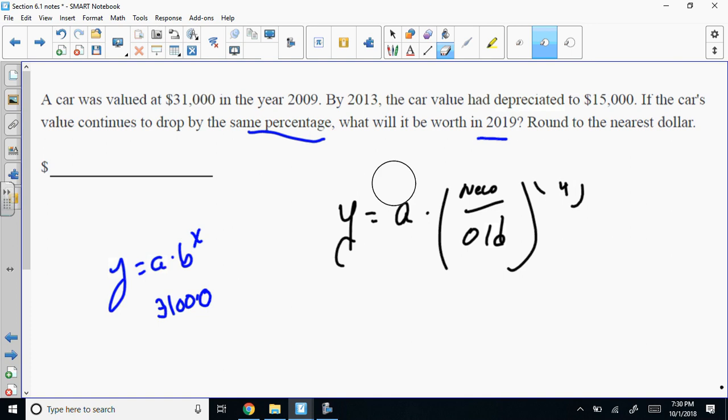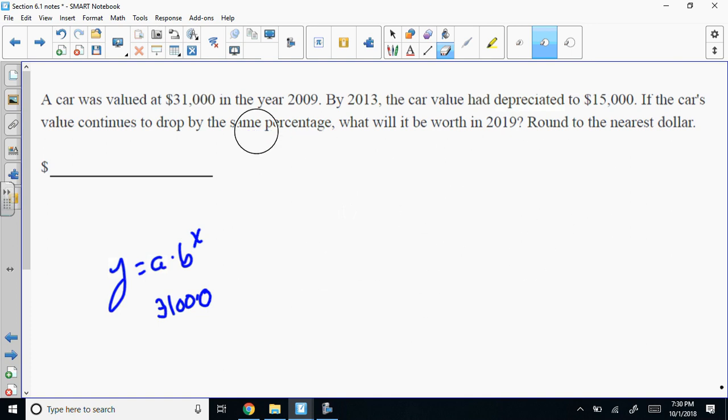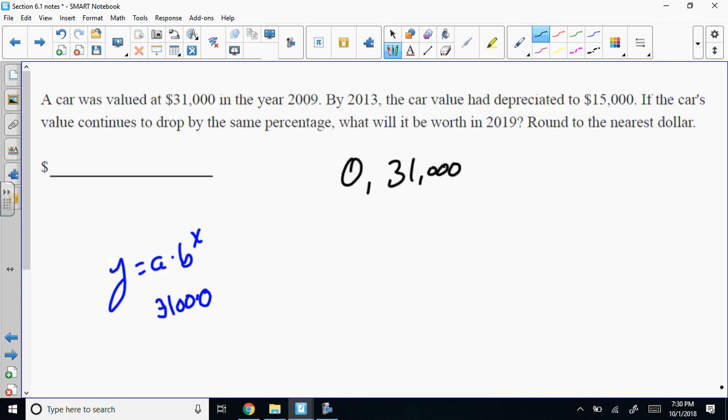Let's do this. We'll just do what we did just a while ago. Four is what? Can we write an equation that way? Yay or nay?